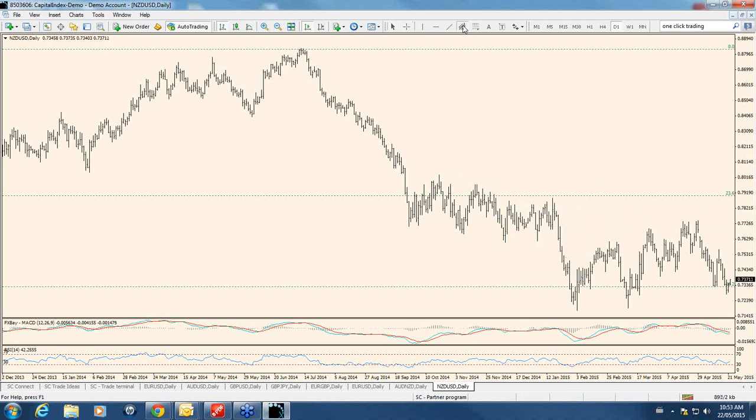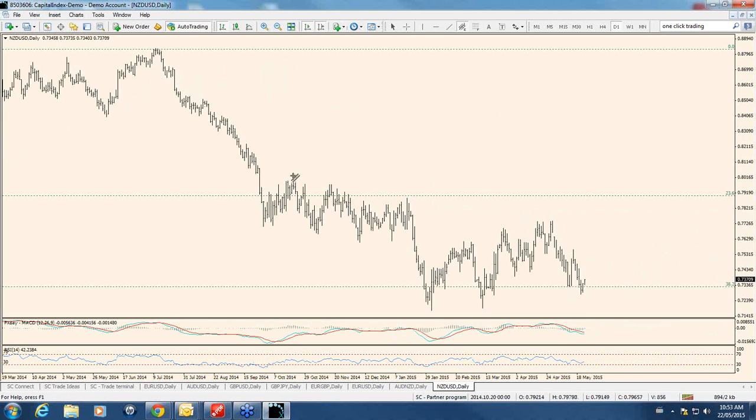I'll just take that out and move it a little bit to the middle so we can see what we are doing. So if we just draw a channel like this, we start from here with as many touches as we can, and then we move this down to here.